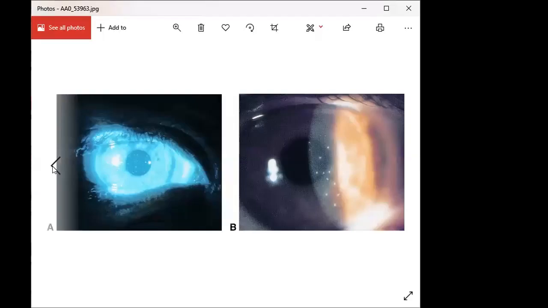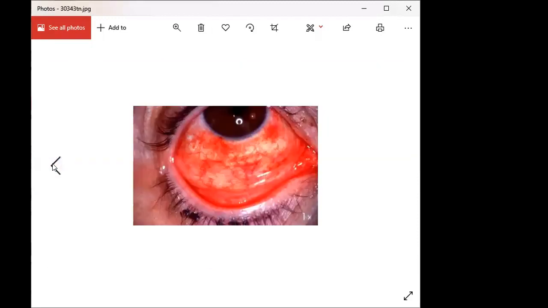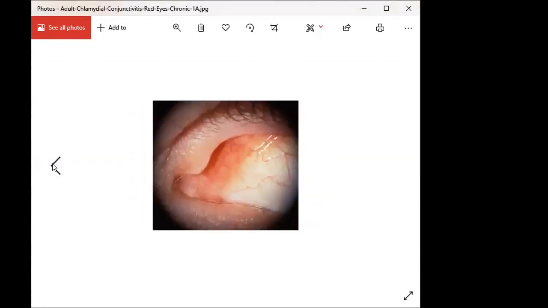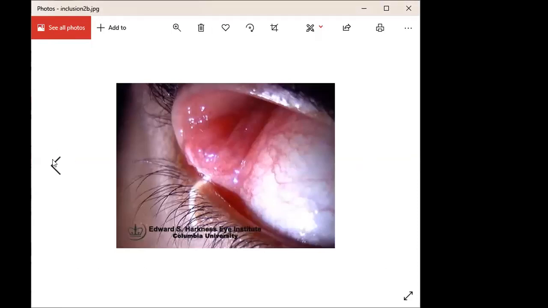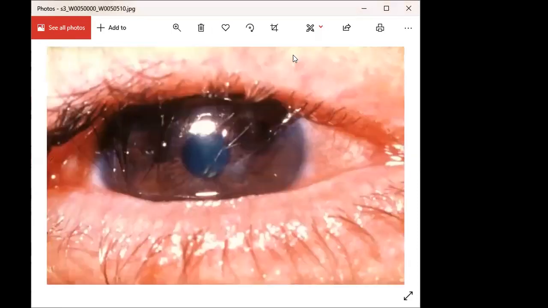The complications of trachoma infection: the eyelids become thick, the eyelashes may fall away, and permanent discoloration and scarring will be present on the palpebral conjunctiva. Corneal opacity is the most common and most important complication.